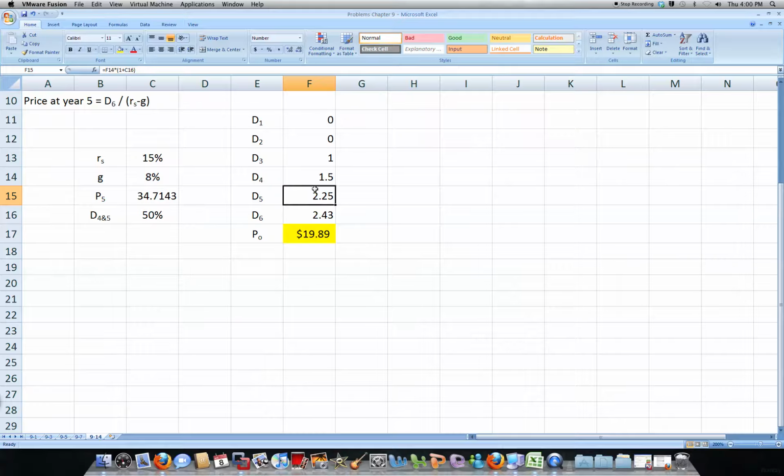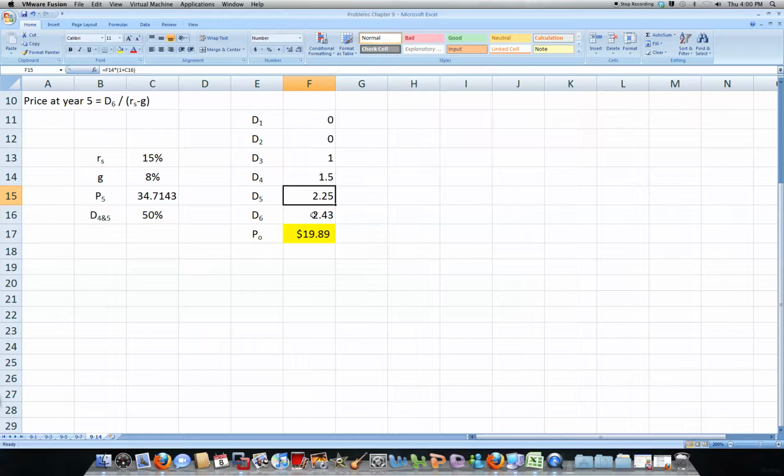Now, after year 5, the growth becomes constant. So we can find our dividend at year 6 equals our dividend at year 5 times 1 plus the growth rate. And that gives us a dividend at year 6 of 2.43.